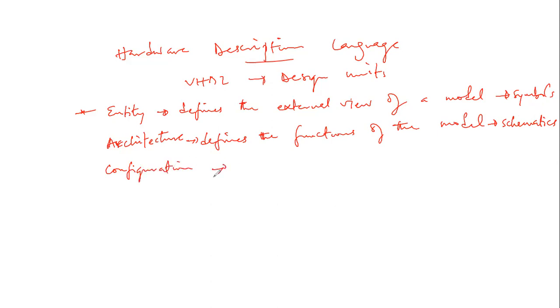Okay, and this is used to associate the architecture and the entity. So in the configuration aspect, after we've given details about the entity and the architecture, now in the configuration we want to associate them, we want to pull them together.